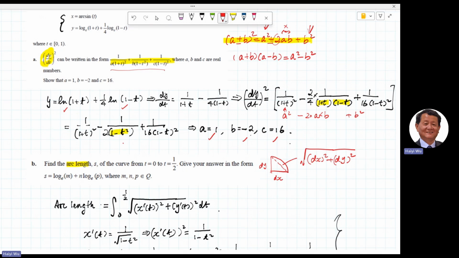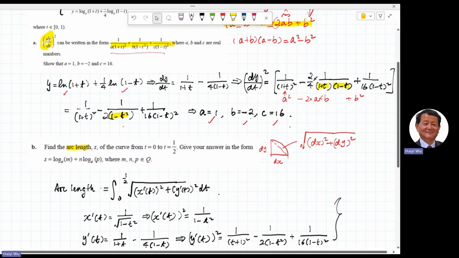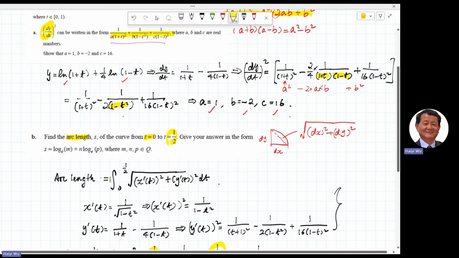Then if we want the total curve, we just integrate it. So the arc length is from 0 to a half, because t is 0 to a half, of the square root of the derivative of x with respect to t squared plus y dash t squared. That's the formula we're going to use for arc length.